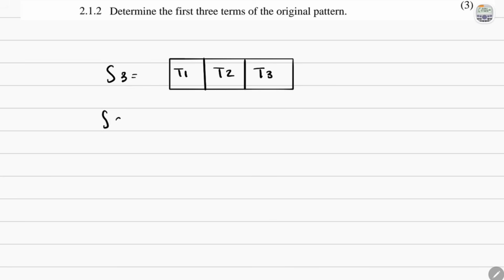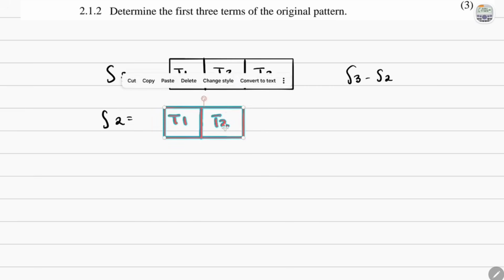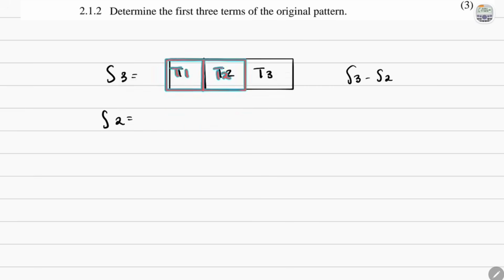Now, if we found the sum of the first two terms, which is just term 1 plus term 2, and we said the sum of three terms minus the sum of two terms, you would take this entire three terms, 1, 2, and 3, and then subtract term 1 and term 2. What will be left? It would be term 3.